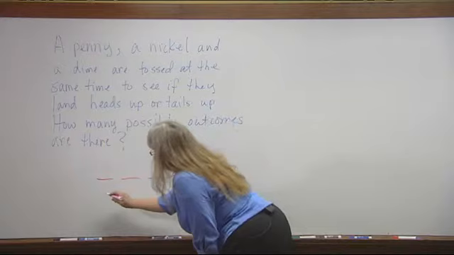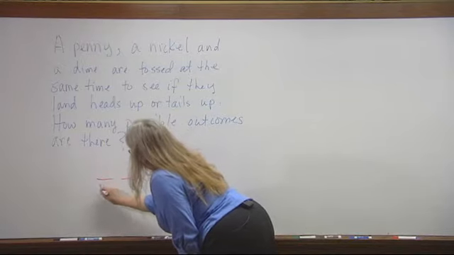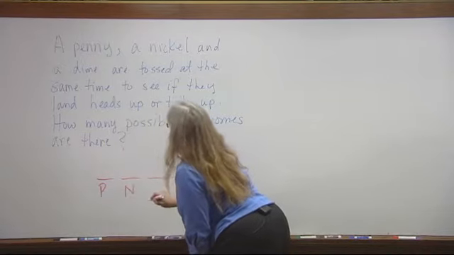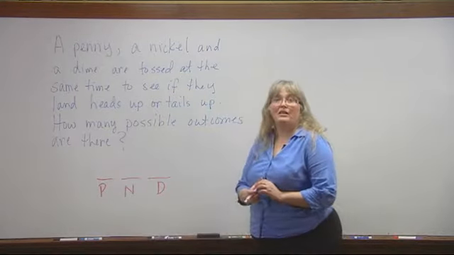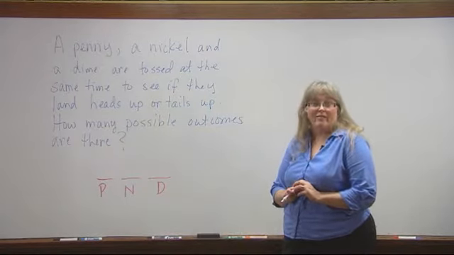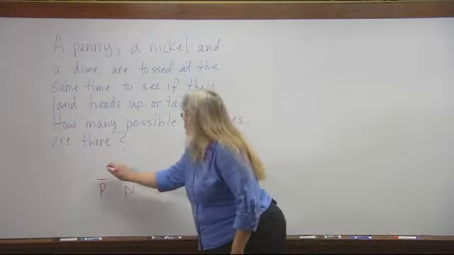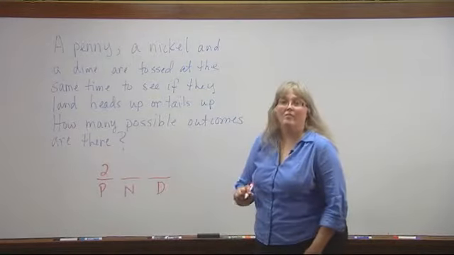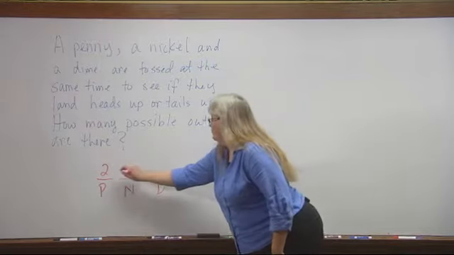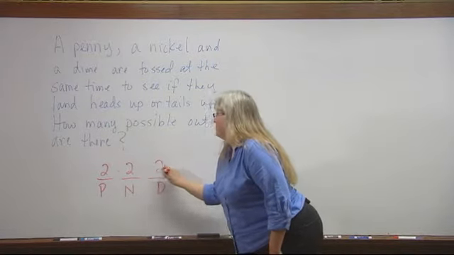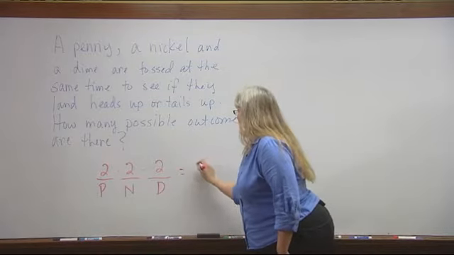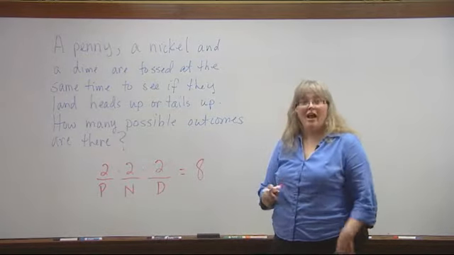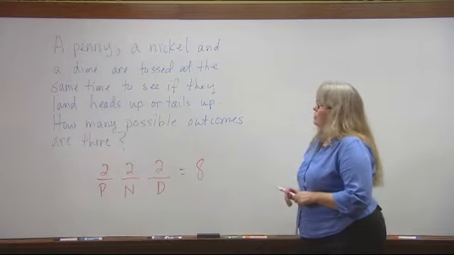Using the counting principles, we can say here's a penny, a nickel, and a dime. How many possibilities are there if we toss a penny? We could have heads or tails, so there's 2 possibilities. Same is true for a nickel. Same is true for a dime. So there's a total of 8 possibilities when we toss these 3 coins and look at the results.